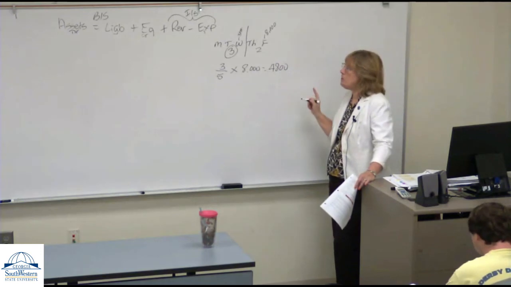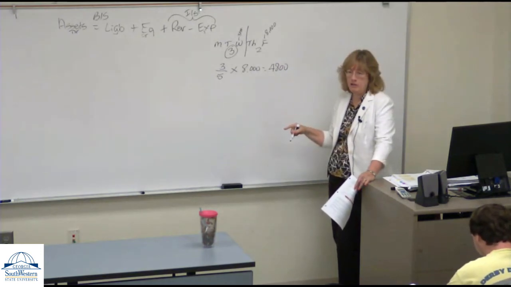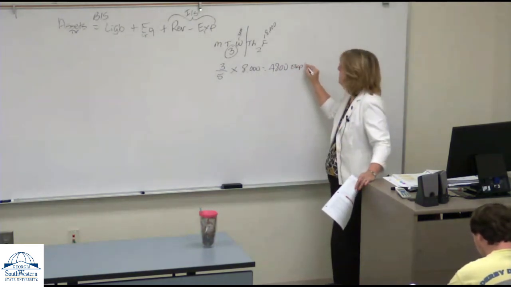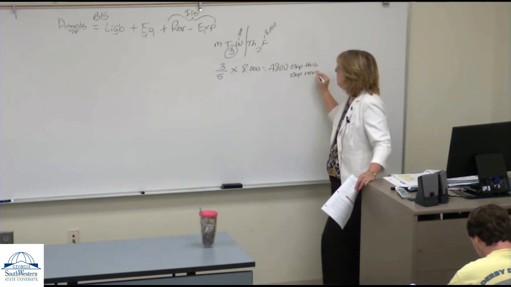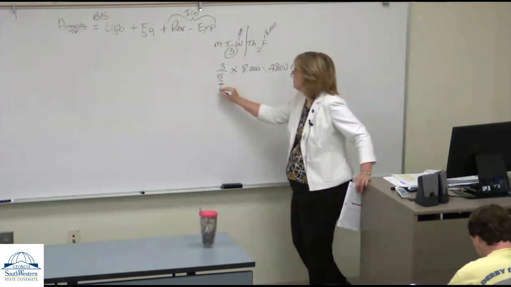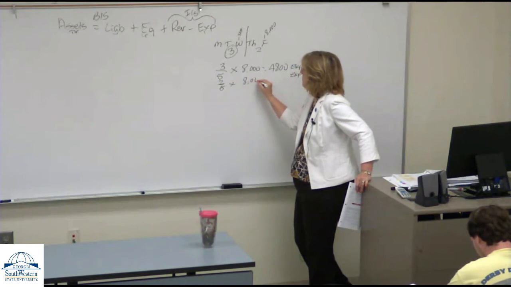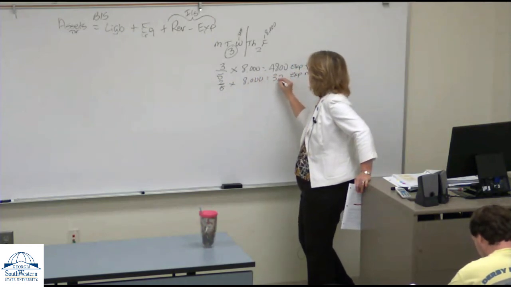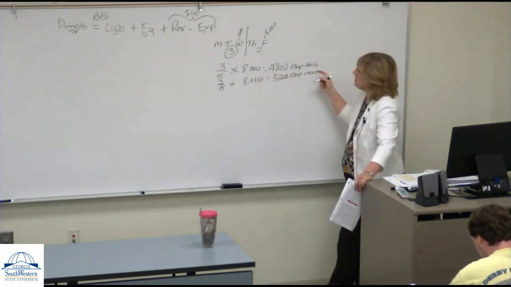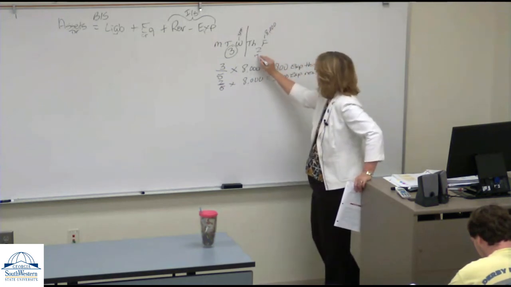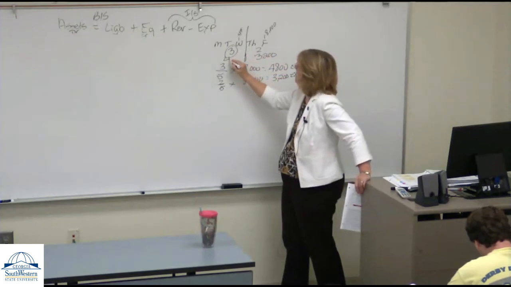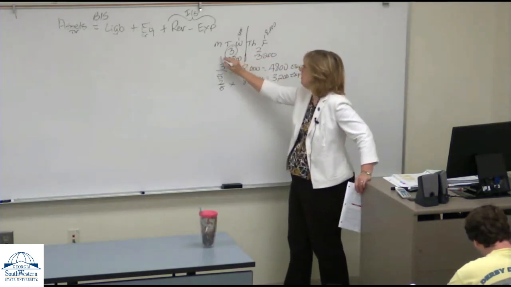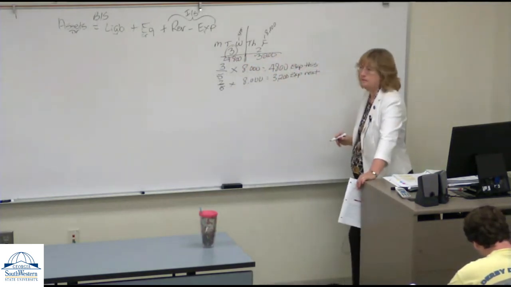Okay, so we want to record 4,800 in this period. 4,800 is going to be an expense in this period, and the rest is going to be an expense in the next period. The 2/5 times 8,000, or 3,200, is going to be expensed in the next period. So in other words, 3,200 in the next period and 4,800 in this period. See how that works?